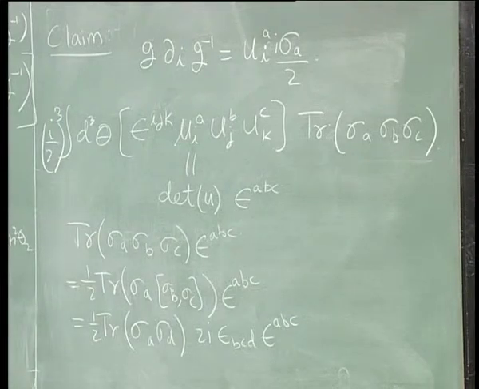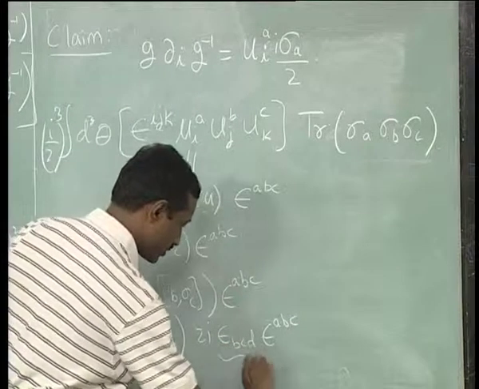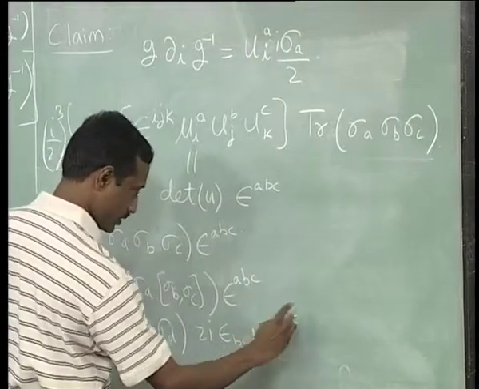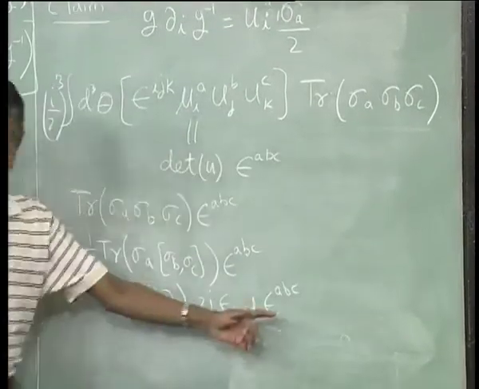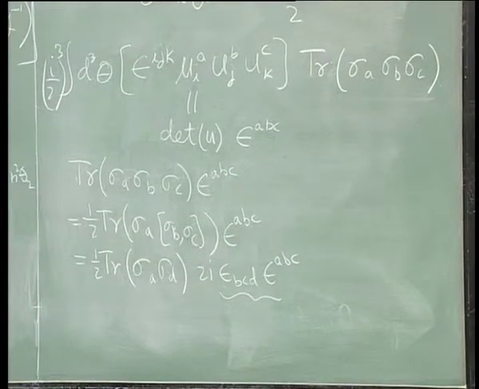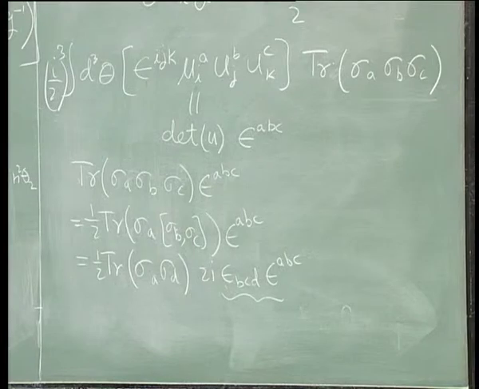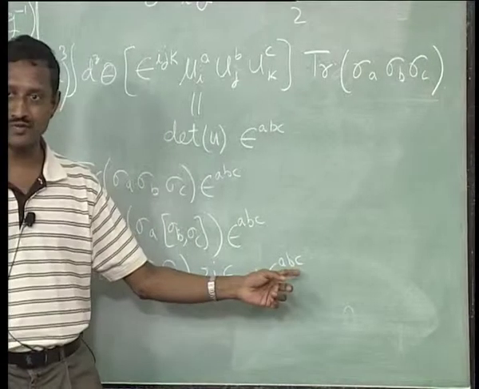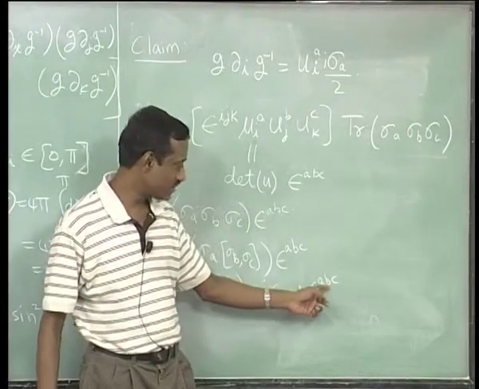Okay. And what is this? This is very easy to evaluate in the following sense. I can just by cyclic permutation make it bca. So, this will just be delta_ad with some factor, and that factor we can find by just picking some value of a, pick a to be 1, then b c can be 2 and 3.